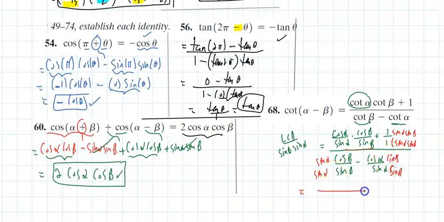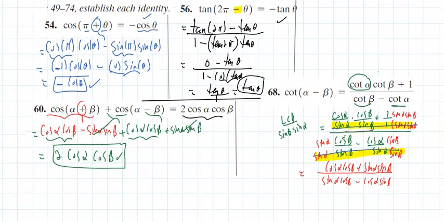And we know from the previous sections, this becomes the cosine of alpha cosine of beta plus sine of alpha sine of beta over sine of alpha cosine of beta minus cosine of alpha sine of beta. Basically, we ignore these denominators completely, if you remember correctly, and we get the top.